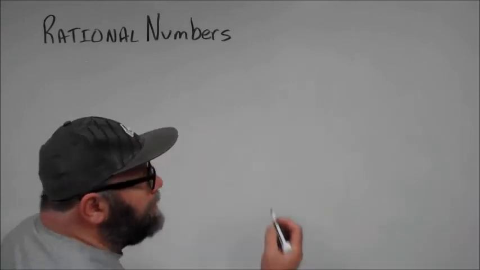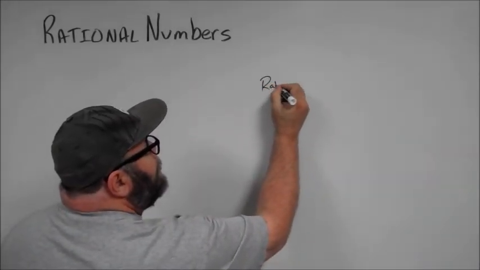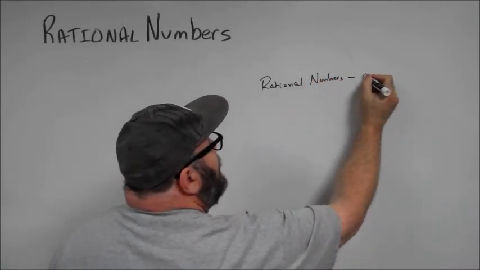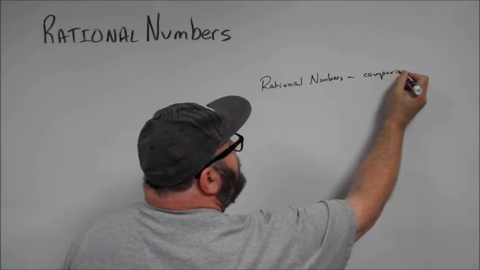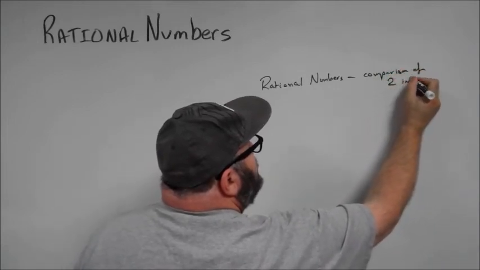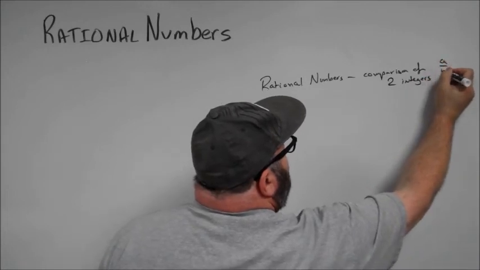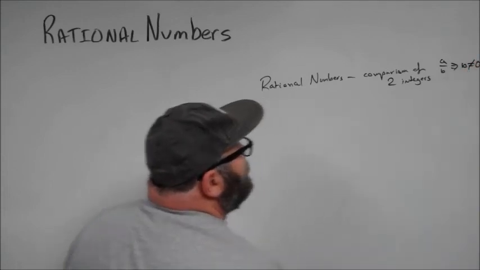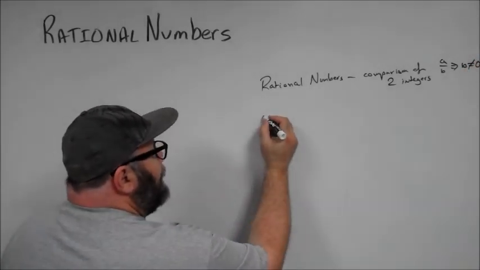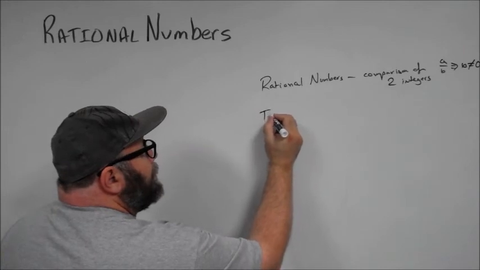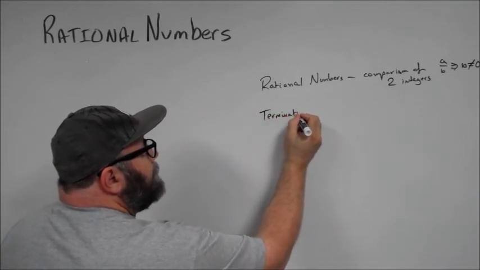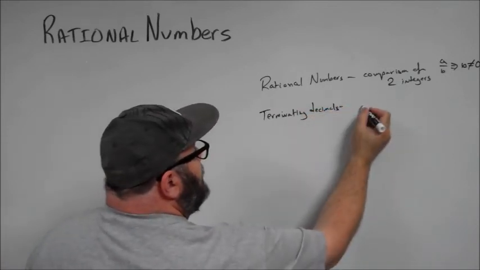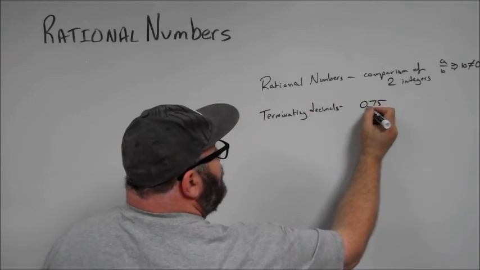Okay, vocab time. So we've got rational numbers, right? Those are a comparison of two integers. We've got a over b, where b cannot equal 0. We've got terminating decimals, which is something like 0.75.